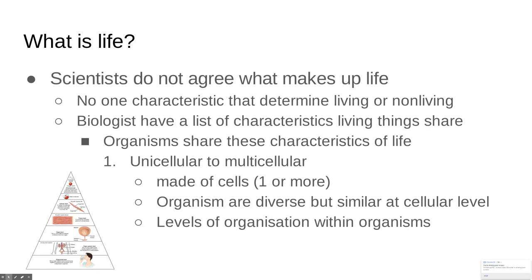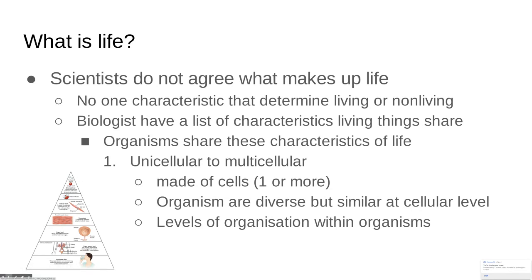Organisms are diverse because of all the different cells that make them up, especially multicellular ones, but they're all similar on the cellular level. There are basic structures in a single cell. If you look over here, there are levels of organization within organisms.